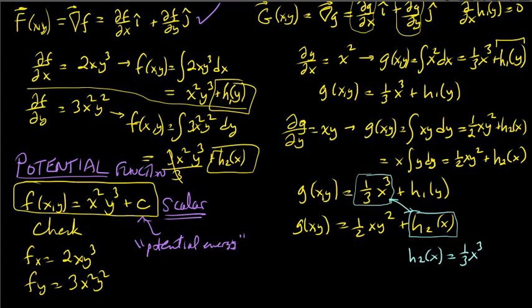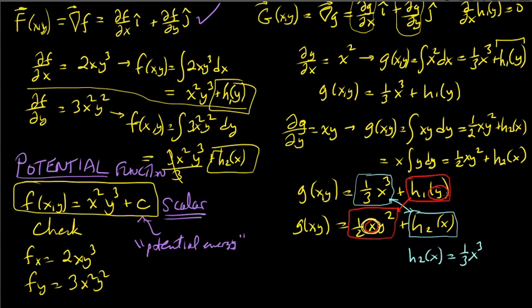And then we also have to equate h1 of y with a function that only depends on y. So what could that be? Well, I suppose that could be this. Unfortunately, it can't because there's an x here. Remember, this can only be a function of y, not x. So that's a problem.